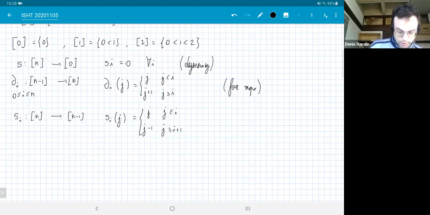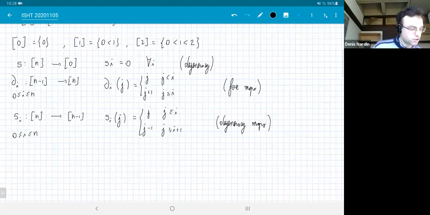And in order to make sense, we need 0 less or equal than i less or equal than n again. And this is essentially taking two points and collapsing them. These are also called degeneracy maps.